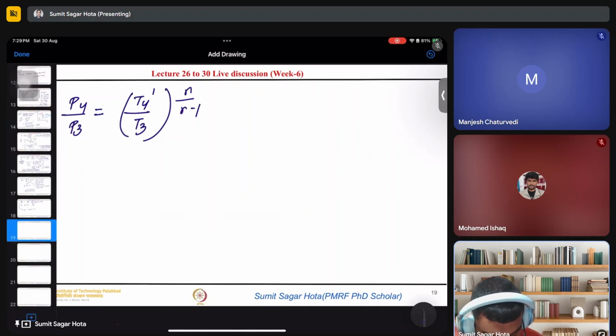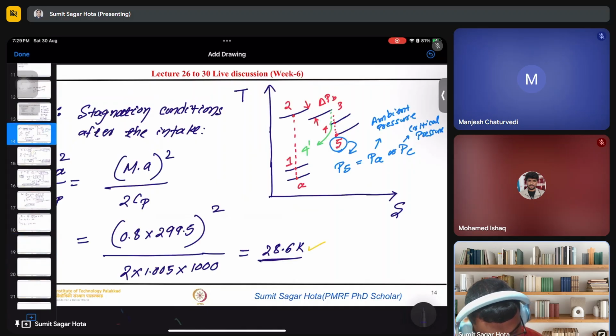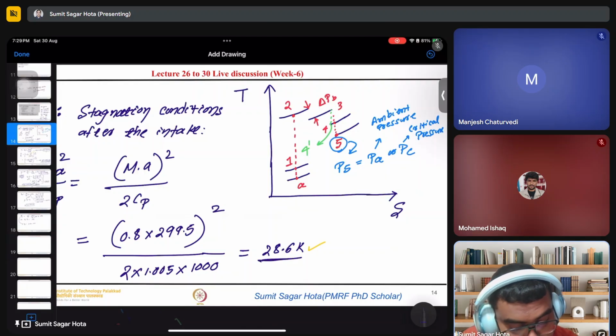That means what you understand from here is your 3 to 4 process is not actually a straight line, because it's an isentropic process. Initially we think 3 to 4 will be a straight line, but now it's not. Rather, 3 to 4 dash is the straight, vertical line, and it will follow the isentropic process relation.